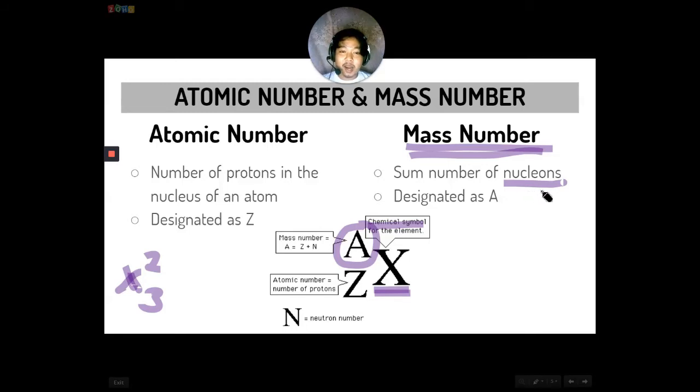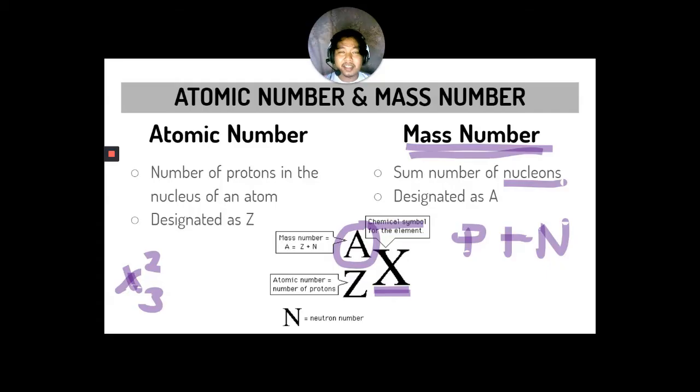Anyways, if you can still remember our discussion on atoms, we described nucleons as protons and neutrons. So when we talk about mass number, we are simply adding them, not to get their sum, to get their total. We simply add the number of protons to the number of neutrons to get the mass number. Why is that so?